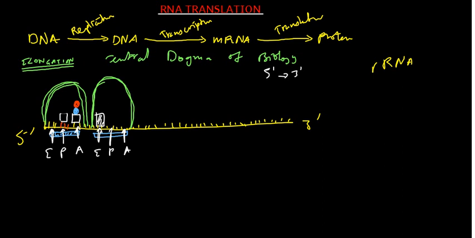And then the one which was in the A site carrying the growing peptide is going to go now into the P site. And then we have got this one, and methionine is still on top there. Once this happens, the tRNA in the E site, that is the exit site, is going to be released.